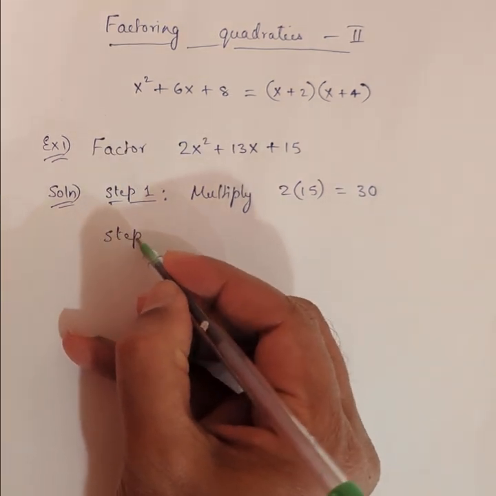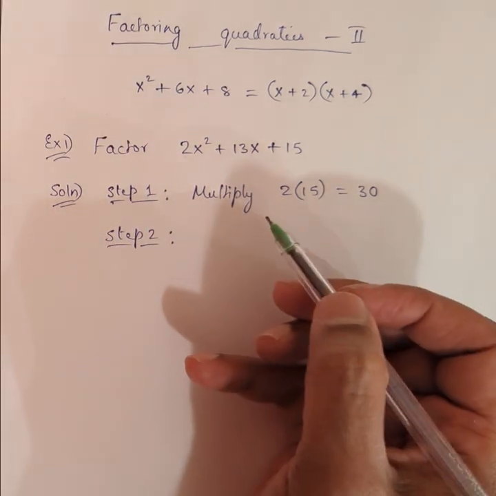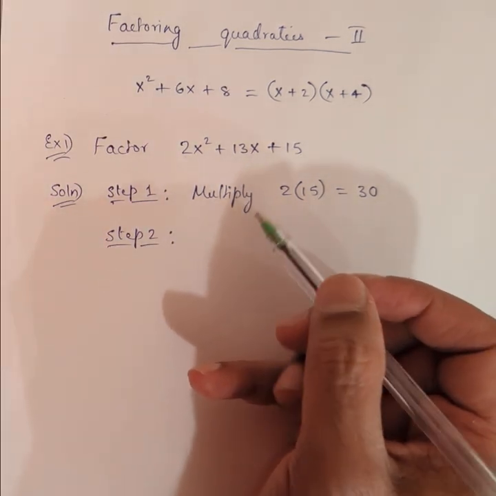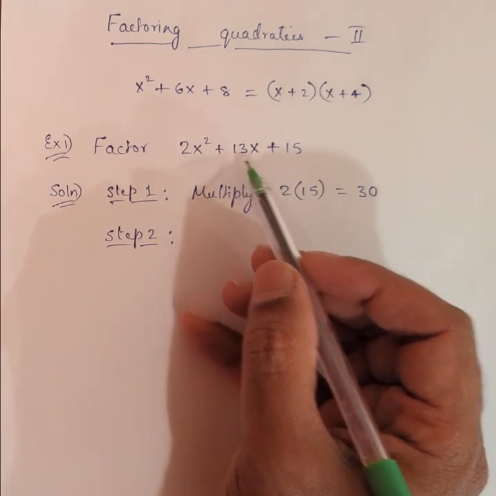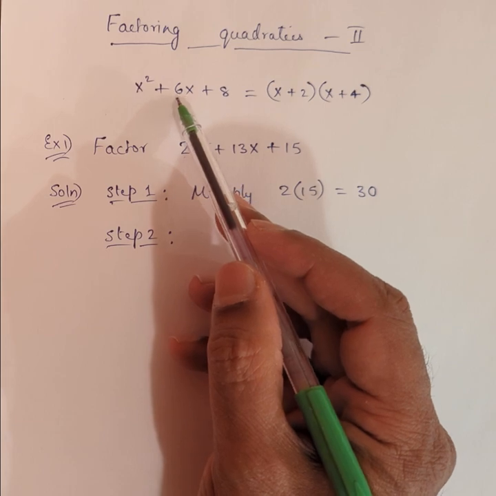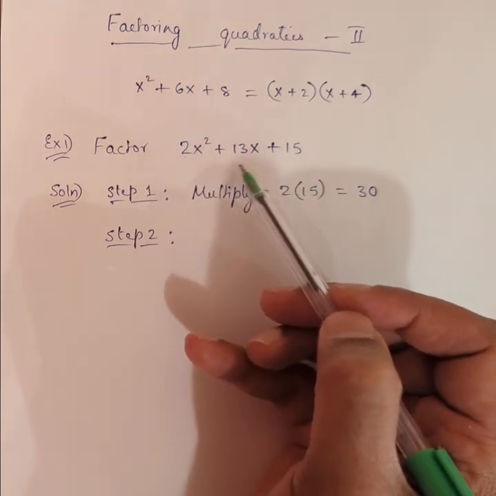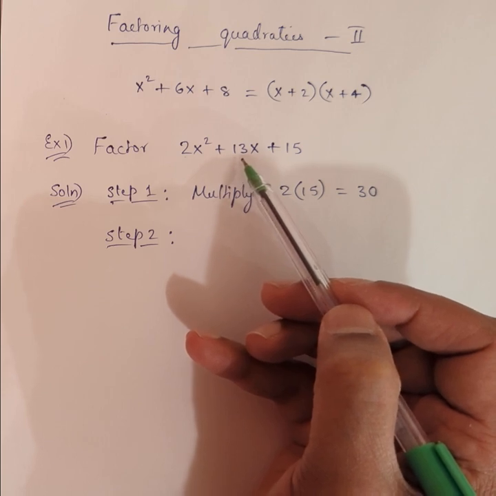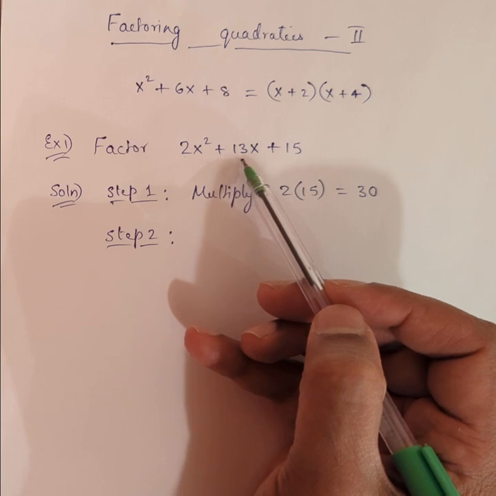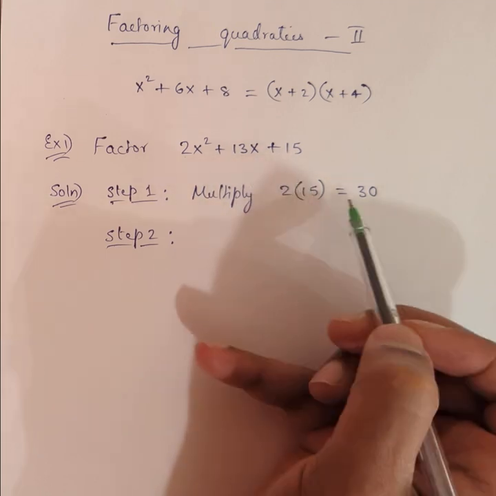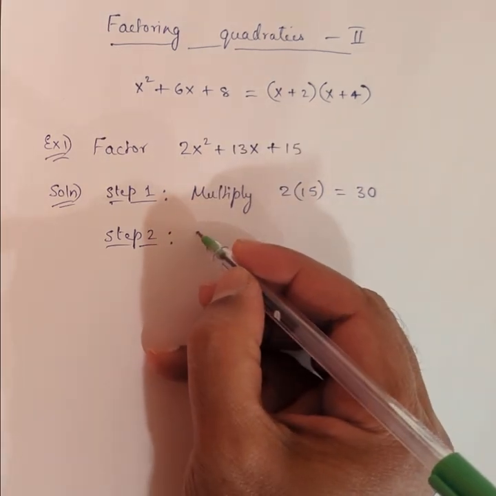In step 2, you want to come up with 2 numbers which add up to 13, just like here you would come up with 2 numbers that add up to 6. But here the middle coefficient is 13. So I need 2 numbers that add to 13 but multiply not to this but to 30. So what is my step 2?